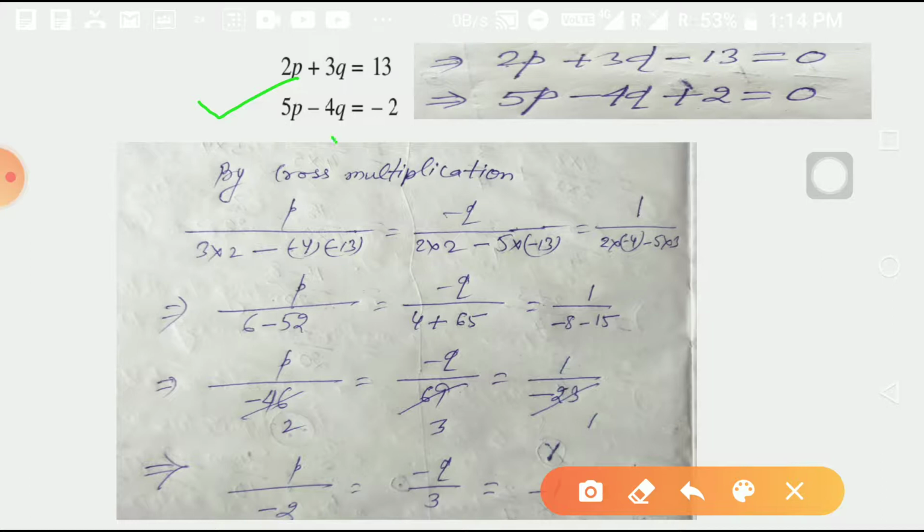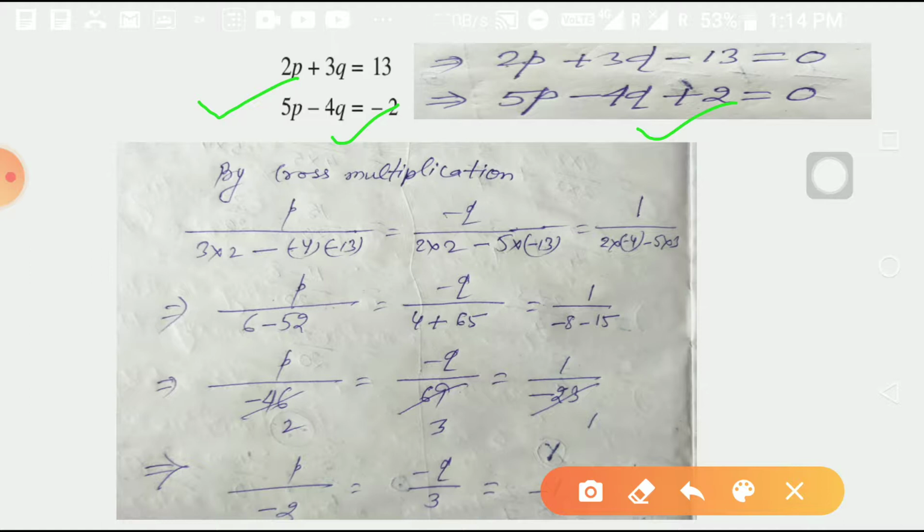And 5p minus 4q equal to minus 2 will become 5p minus 4q plus 2 equal to 0. We will find the values of p and q by the cross multiplication method.